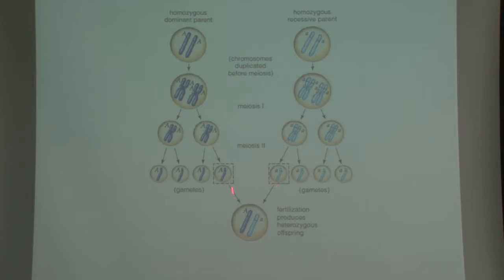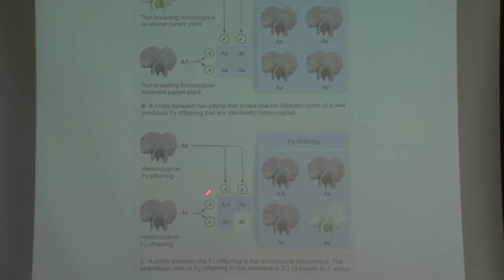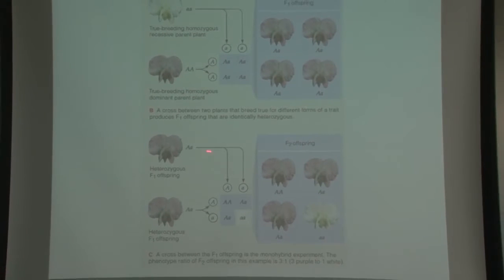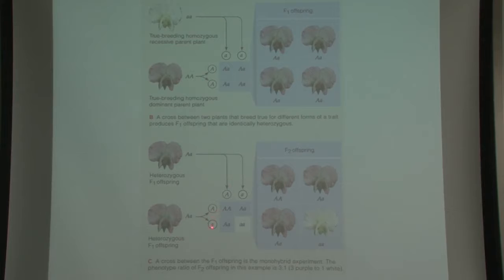Then these two fertilize and produce a heterozygous offspring, okay? And then this ratio shows the cross between heterozygous parents, okay? So if the heterozygous parents like this mate, okay, then this parent produces gametes that are large A or small a, okay? And this heterozygous parent also produces large A or small a, all right?